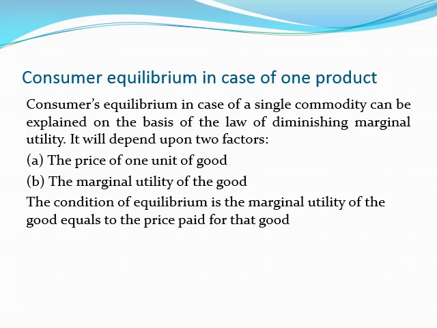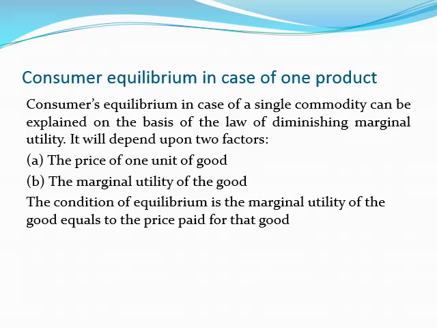Consumer equilibrium in case of one product. Consumer's equilibrium in case of a single commodity can be explained on the basis of the law of diminishing marginal utility. It will depend upon two factors: the price of one unit of the good and the marginal utility of the good.